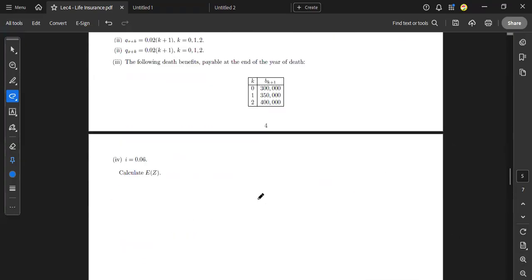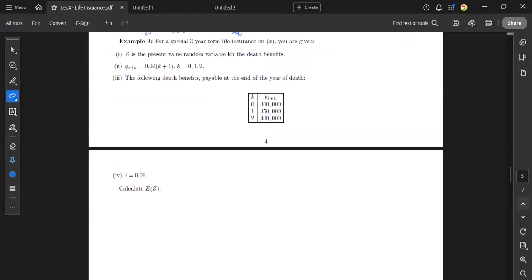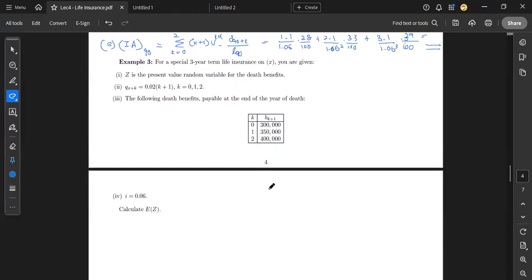So we can do the final example for today. In this case, we have something a bit more advanced. It says a special 3-year term life insurance, and C is the present value random variable.